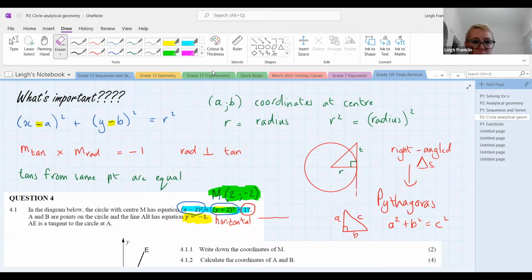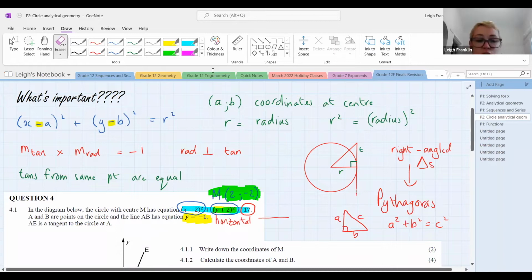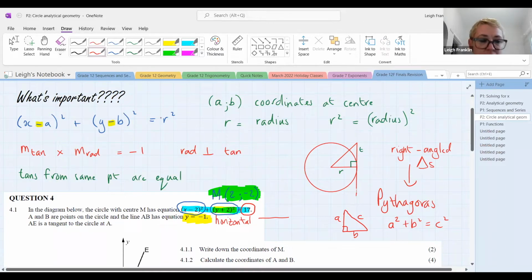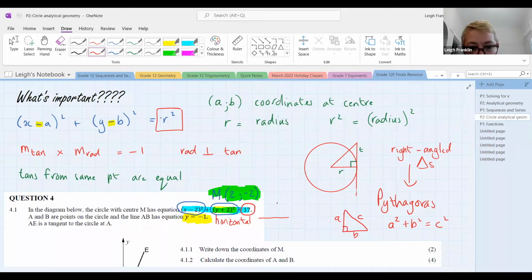Absolutely. So a lot of people are saying radius. It is the radius, but remember it is the radius squared. So this 17 over here, remember the number on the right-hand side is r squared. So in this case here, r squared is 17.